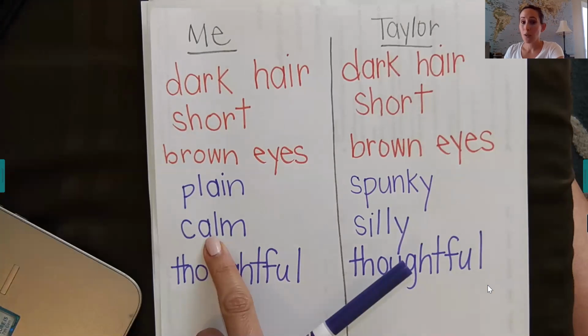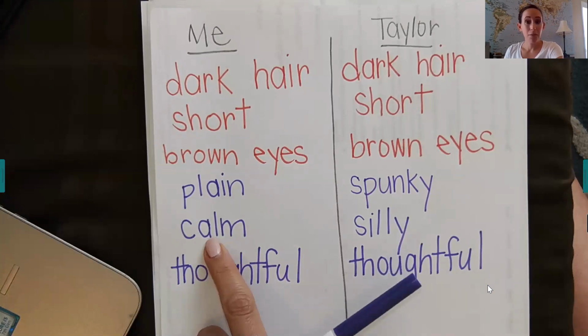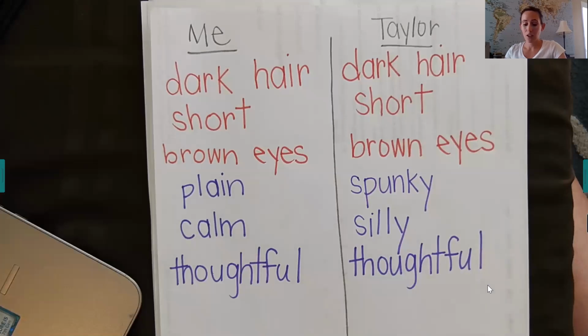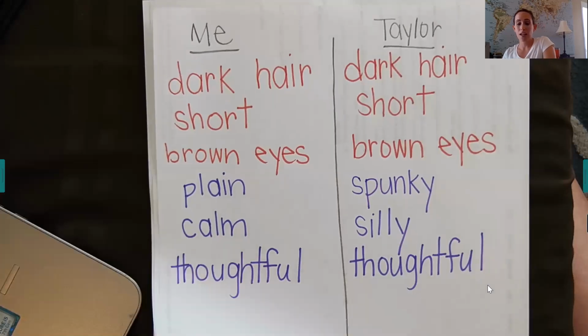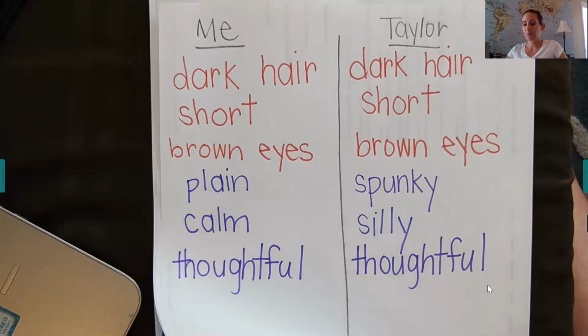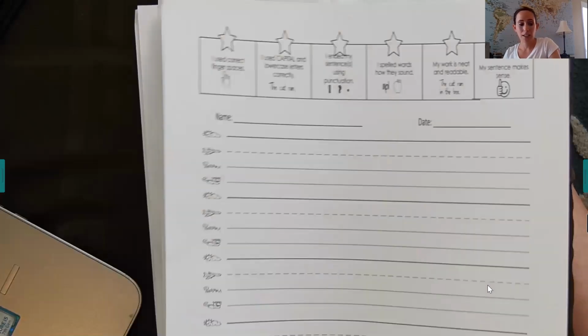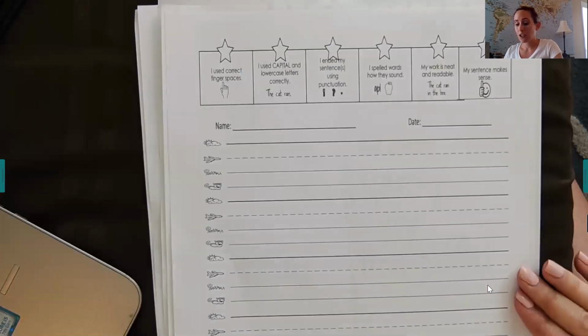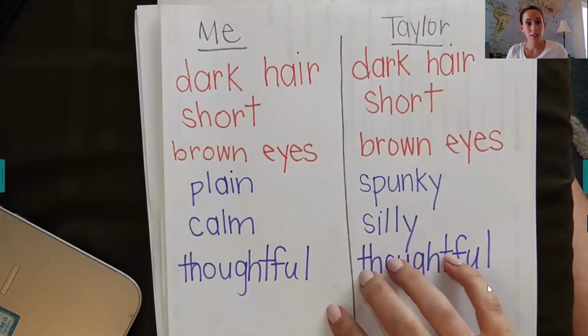So now you can stop here if you would like, but if you're up for a challenge, don't stop yet. Now you're going to take your kindergarten writing paper I have right here, and now you can turn these lists into a sentence.